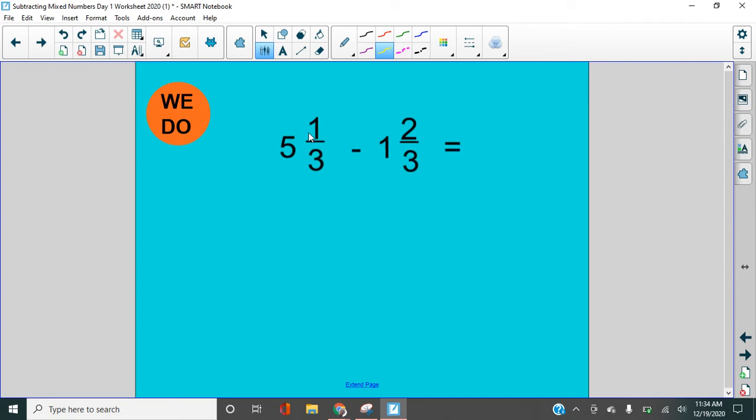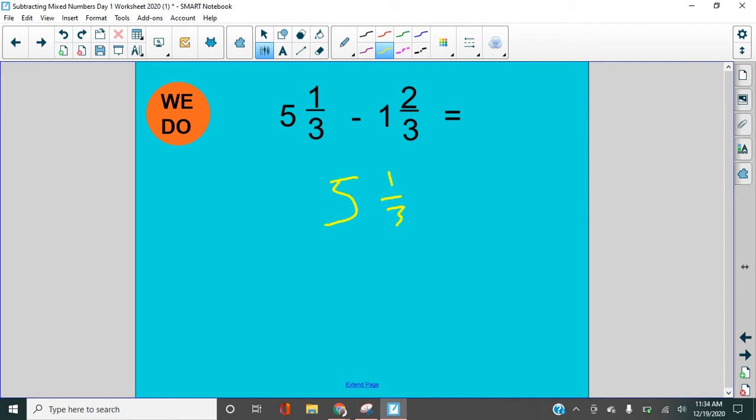I'm moving it up because I am not going to do it sideways. Are you ever going to try to do these sideways? No, you're not. If you said yes, I'm sorry, that's incorrect. We're going to stack them like this, because if we do, we can see if we have a big bottom. 1/3 minus 2/3.